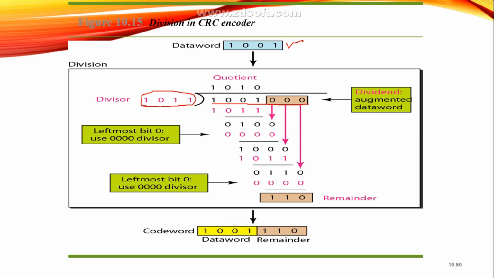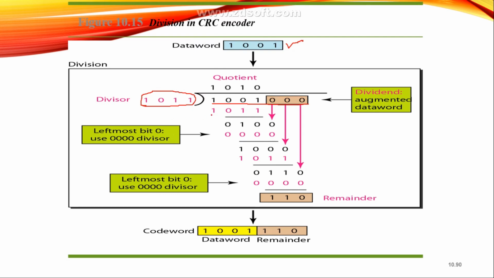As shown in the figure, the process of this modulo 2 binary division is the same as that of your arithmetic division. However, for addition and subtraction, we are going to use the XOR operation, which performs both. Now, in each step, a copy of the divisor is XORed with the 4 bits of the dividend.